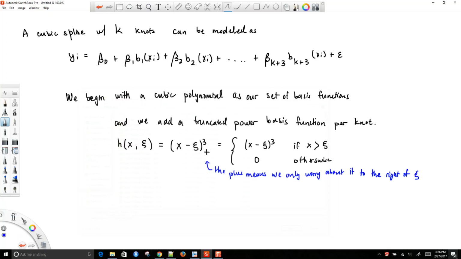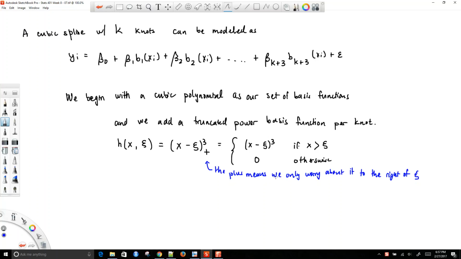When you add something like this to a cubic polynomial and take the first or second derivatives at that spot xi, it doesn't affect them.